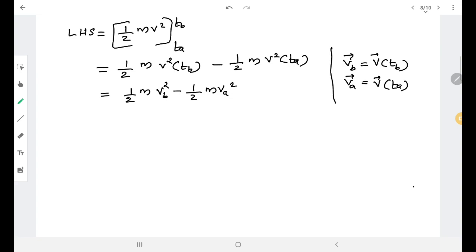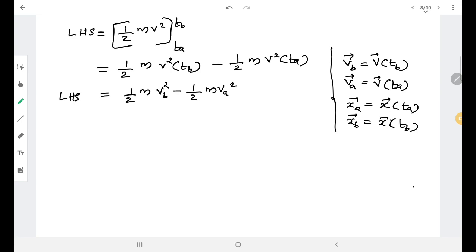So xa represents the position at time ta and xb the position at time tb. So the LHS is like this.